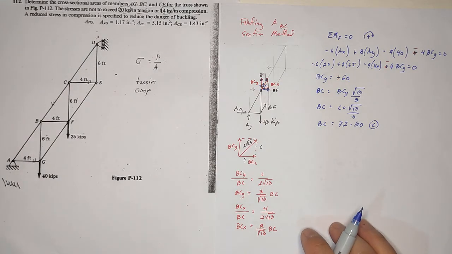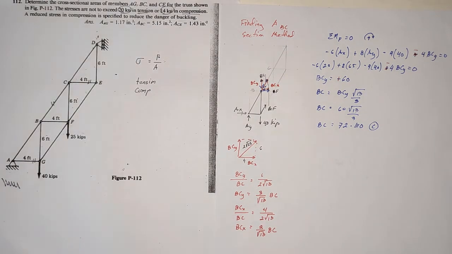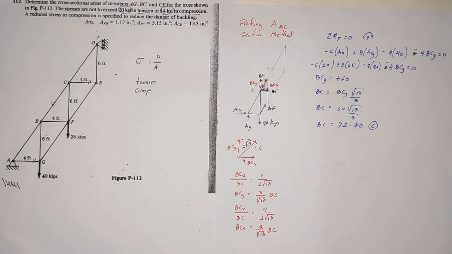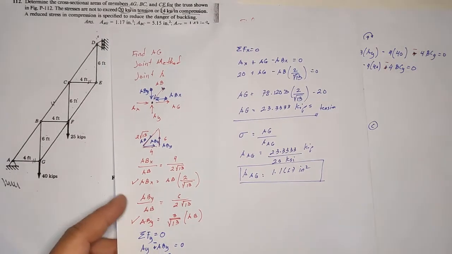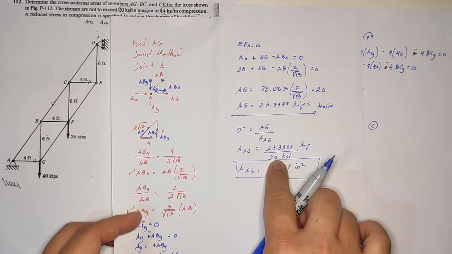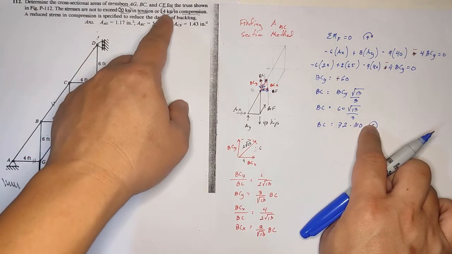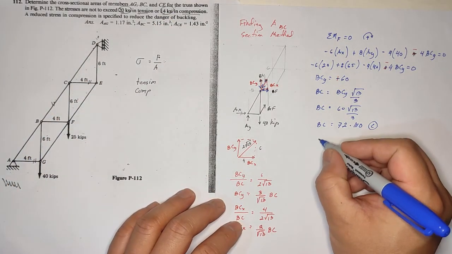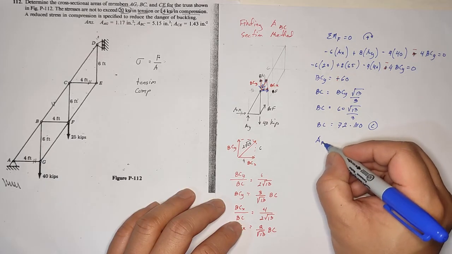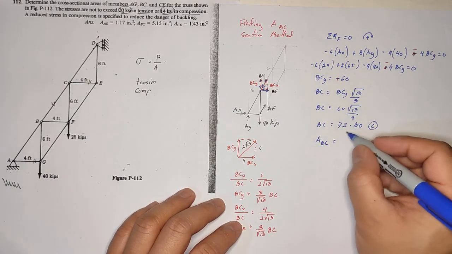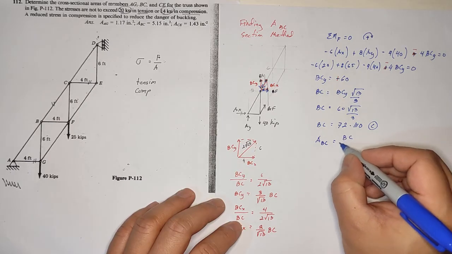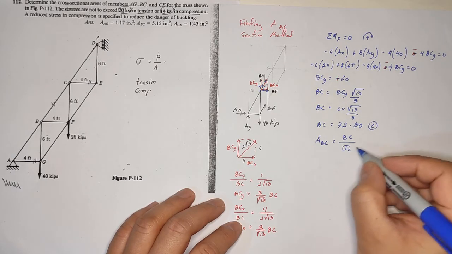we did use, where's that? I lost the paper. Anyway, where is it? Here. Okay. We use 20 because this is tension. But, since this is compression, we'll be using 14. So, the area of BC would be force BC over stress in compression.